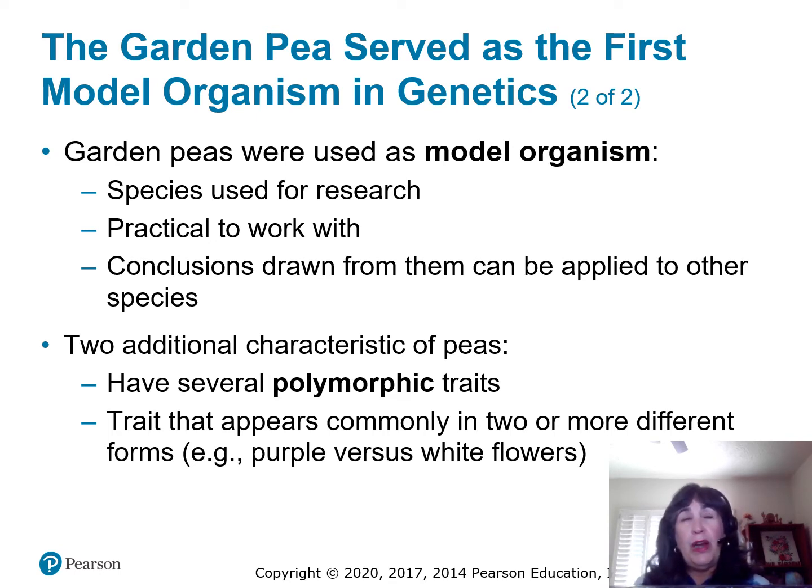Garden peas are very practical and a lot of information was gathered. The other thing that's important about pea plants is they have these things called polymorphic traits. In other words, there's several versions of the same trait, like different flower colors, seed color, seed shape, also pods.